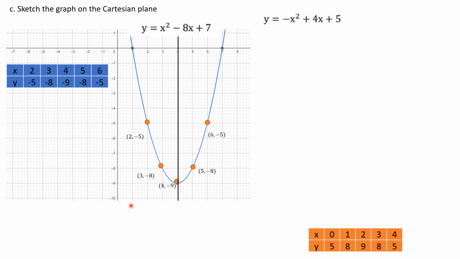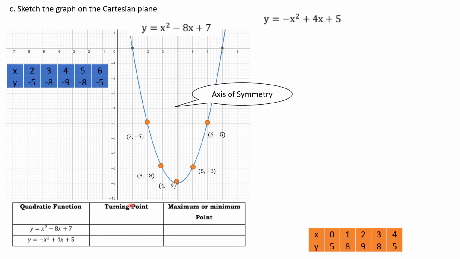Okay? So, if we divide this one into two equal parts, ito ang tawag natin dito ay yung axis of symmetry. So, tignan po natin. Sa una, yung turning point po. Tawag natin sa turning point, that is the vertex point. So, ano po yung vertex po natin dito? Ito po ay 4, negative 9.